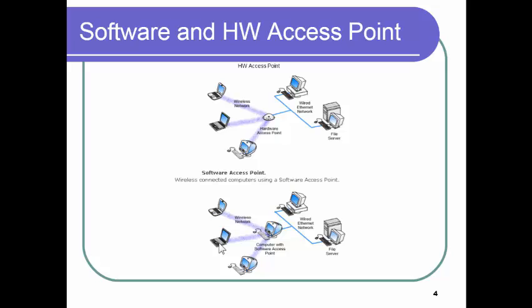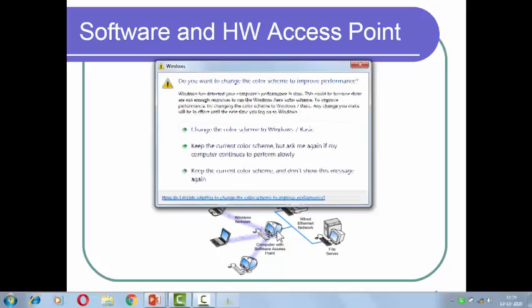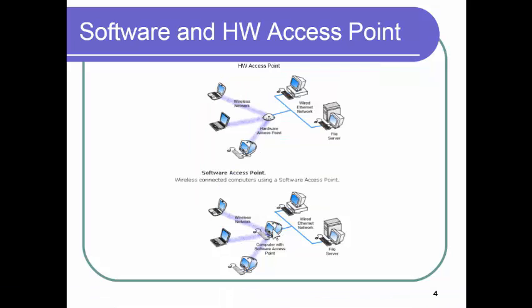Suppose the laptop wants to communicate with the file server. In this case the laptop will communicate first with the desktop computer which is providing the wireless service, and then this software access point based desktop will communicate with the file server.